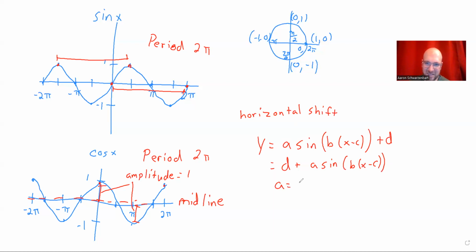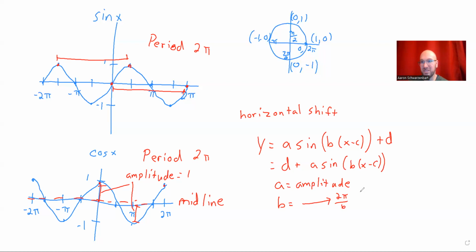A here is the amplitude. We've called it a vertical stretch before. B is about period, but period is not actually B. 2 pi over B is equal to period.